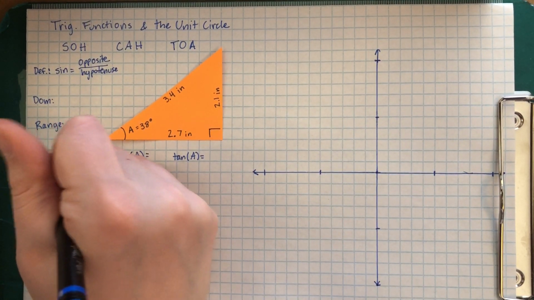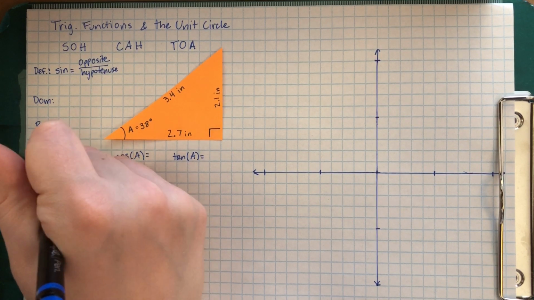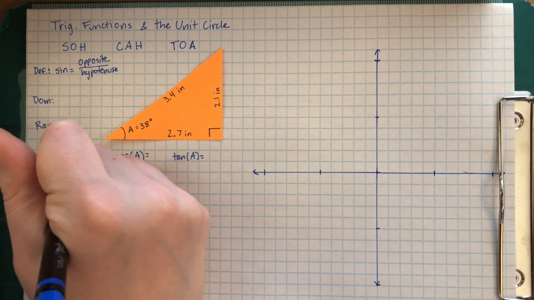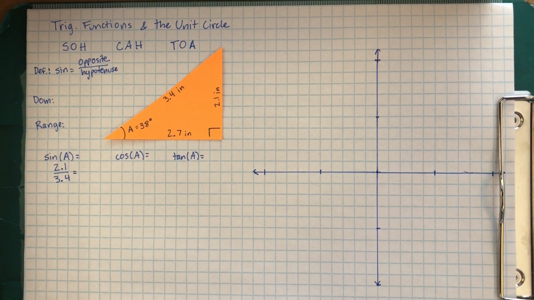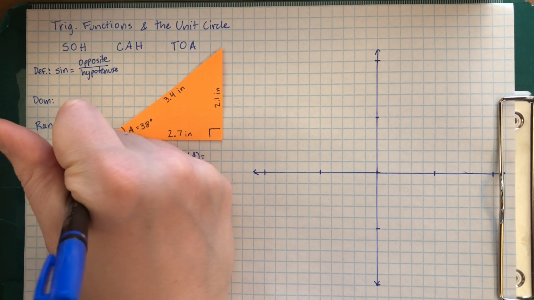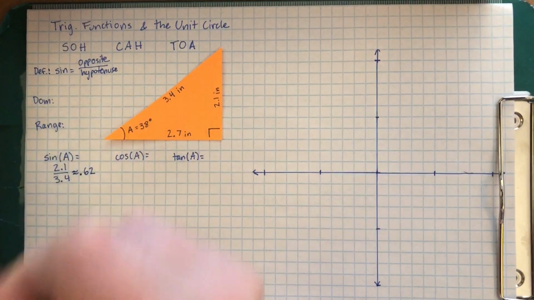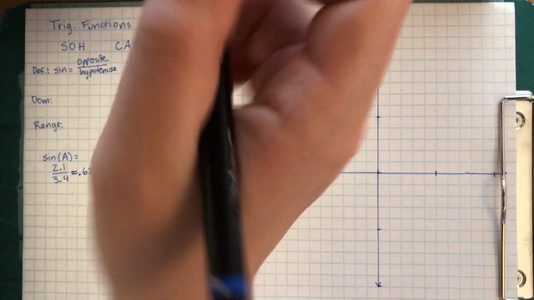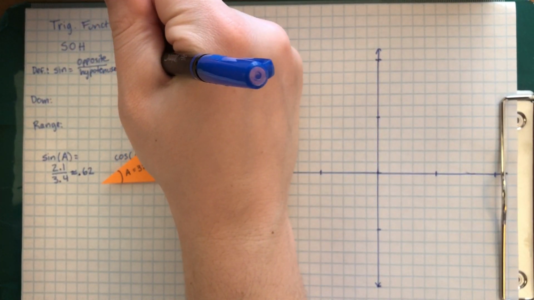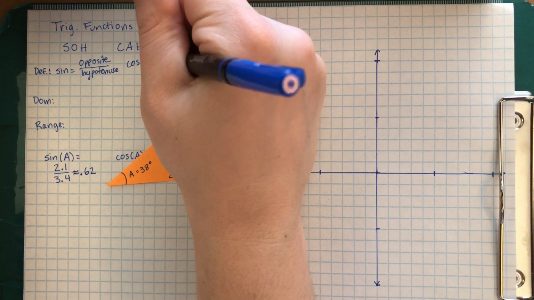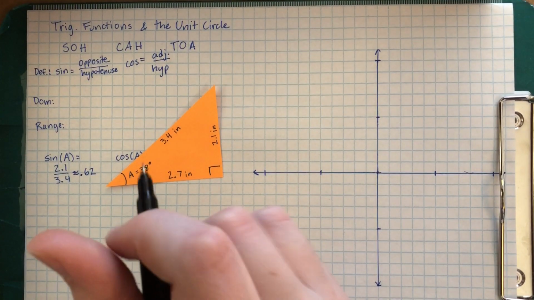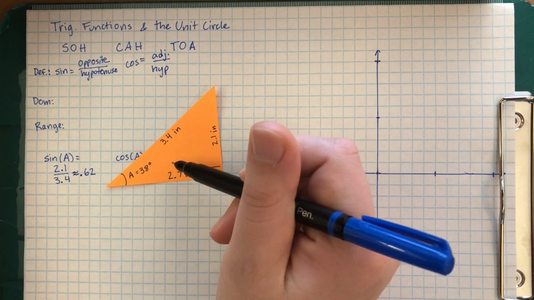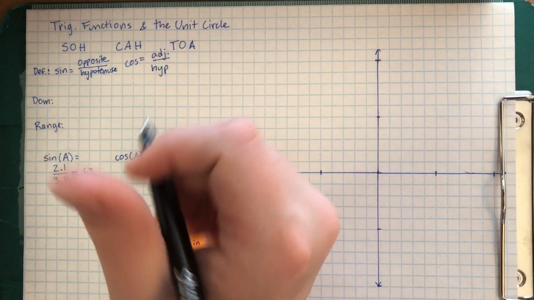So if we wanted to calculate that out, it would be 2.1 over 3.4, which is about 0.62. The cosine is the adjacent, which means next to, over the hypotenuse. So in this case, the adjacent side to A is 2.7 inches, and the hypotenuse is still 3.4.